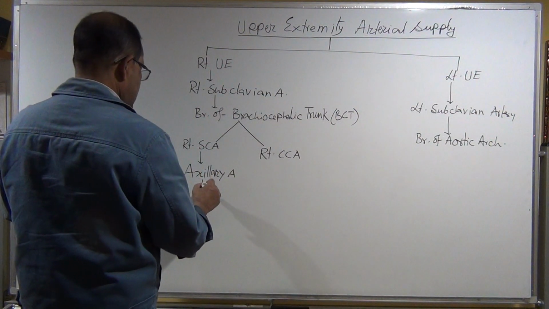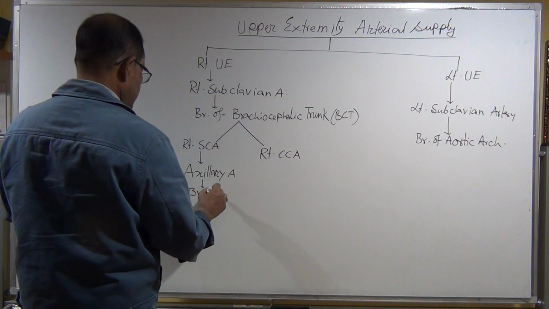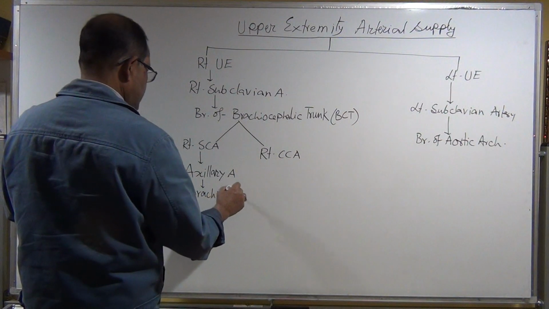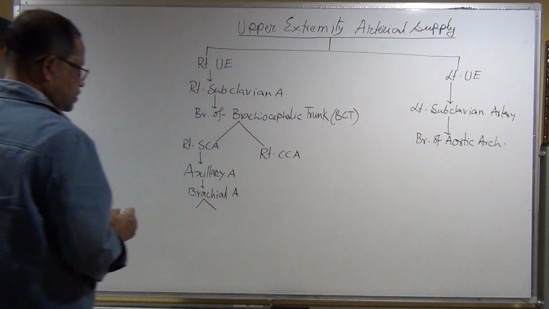From the axillary artery, there is the brachial artery. From the brachial artery, it splits into two major branches.